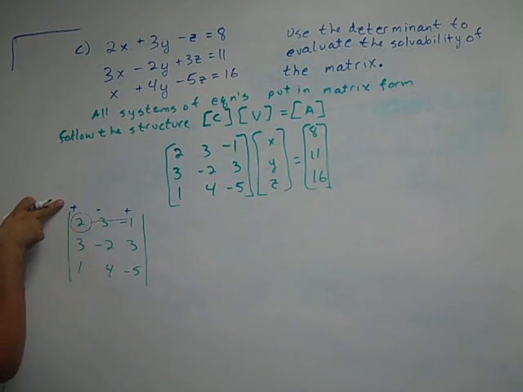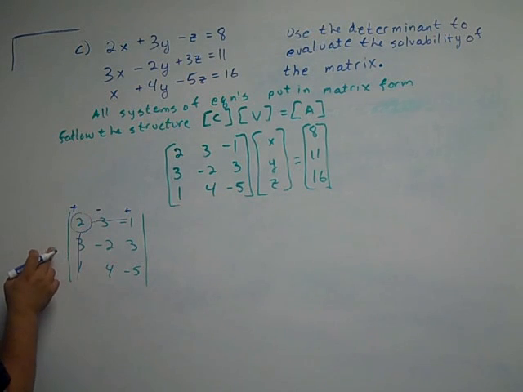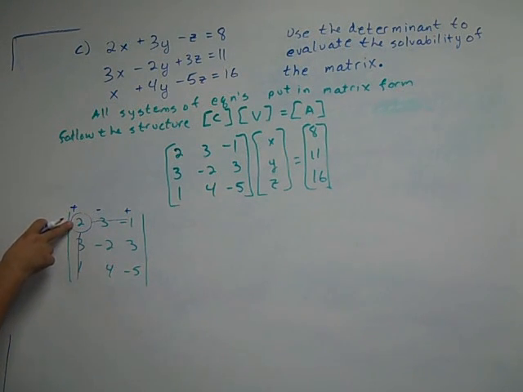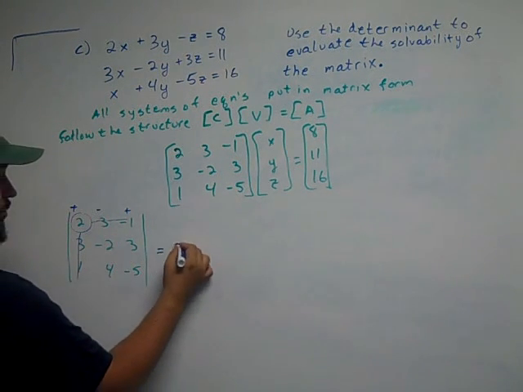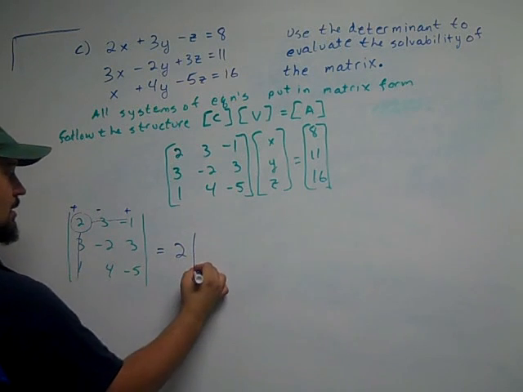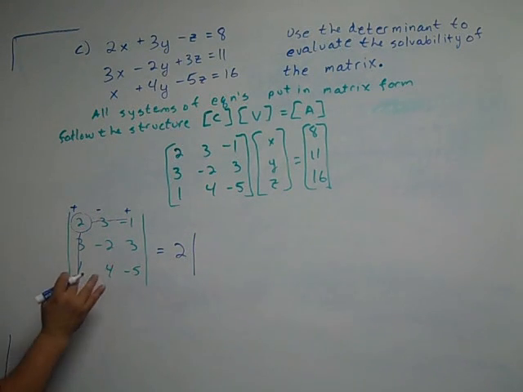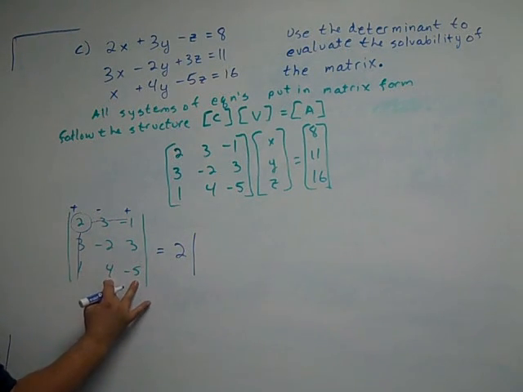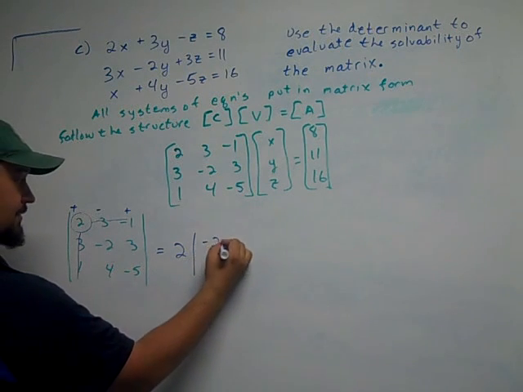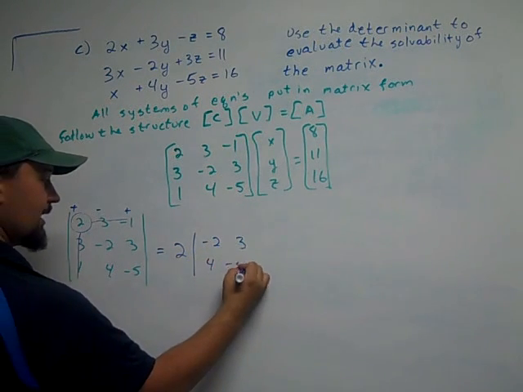The upper left-hand corner will always be a plus, and then everything else will be a checkerboard of pluses and minuses. We cross out the row and the column of our first item to be expanded. We have our coefficient of 2, and whatever is not crossed out is going to be the resulting matrix that we are determining. In this case, -2, 3, 4, -5.